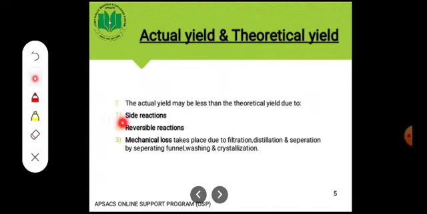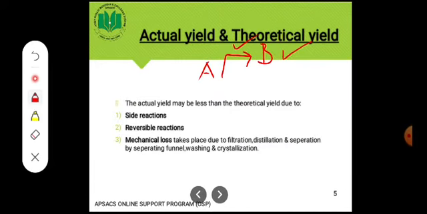The first reason is that side reactions may take place. In side reactions, what happens, for example, a reactant A is converted into product B. This is the main product that we want, and this is the main reaction.